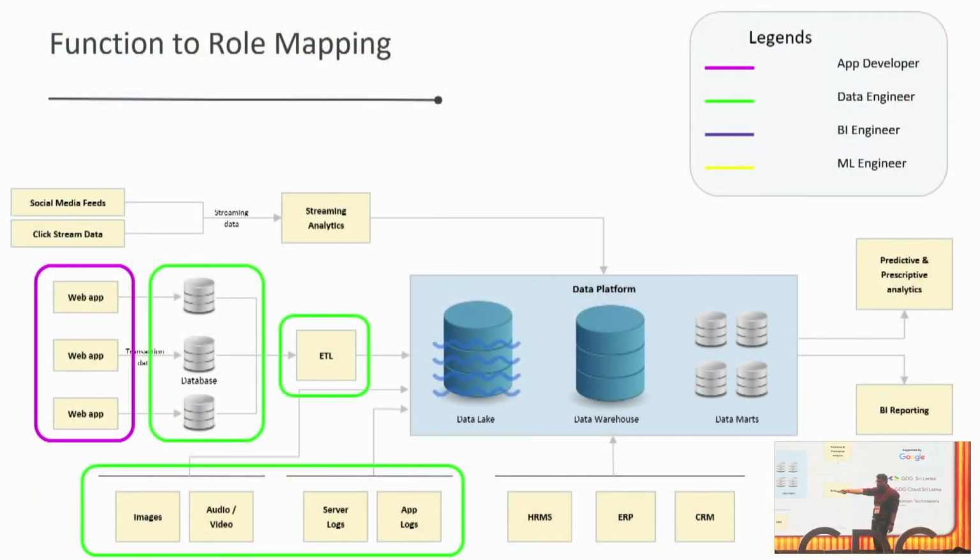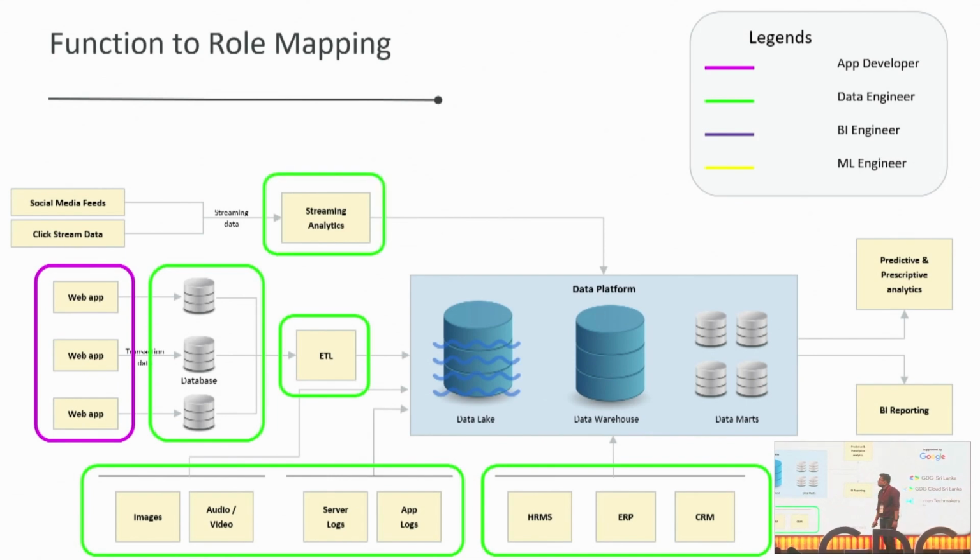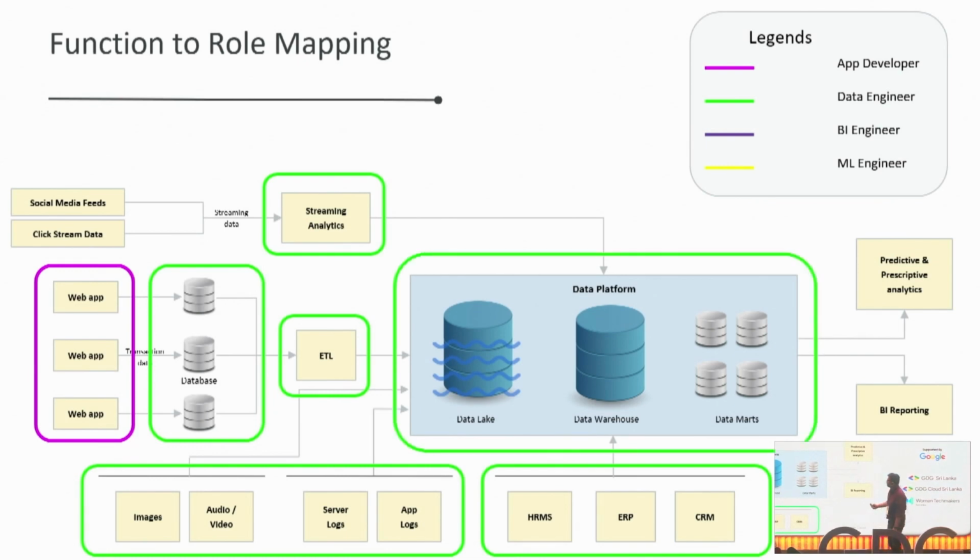Ingesting all unstructured data will be handled by the data engineer. Also connecting to various integration systems, enterprise application systems, integrating them and collecting data from them will be handled by the data engineers. Even streaming and analytics is part of the data engineering job. Maintaining the data platform is also handled by the data engineer.